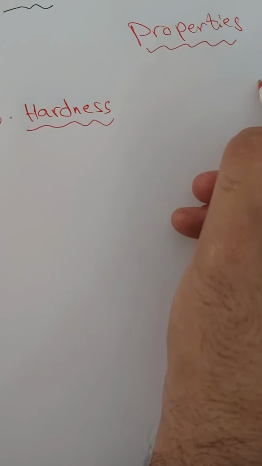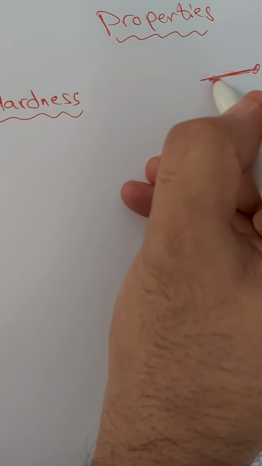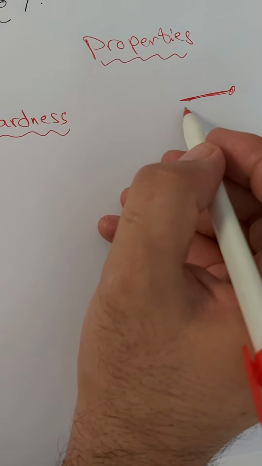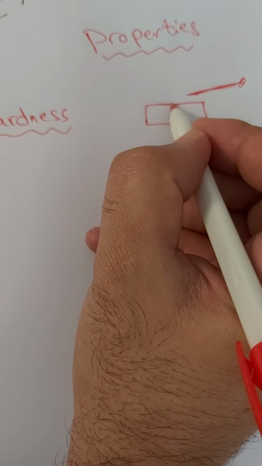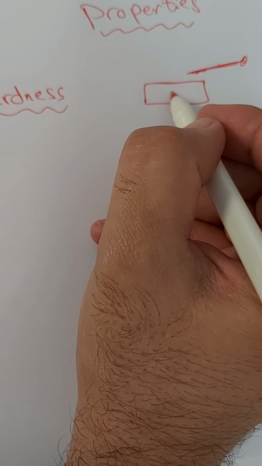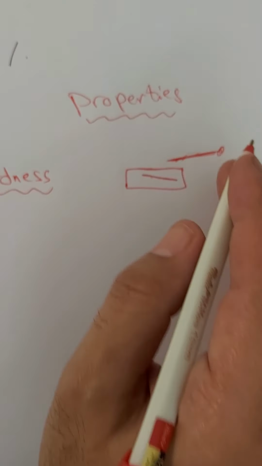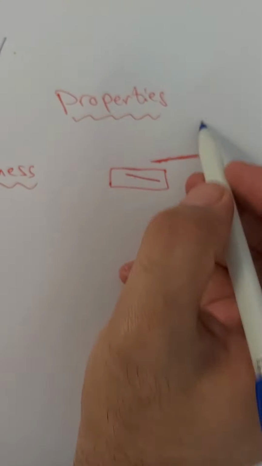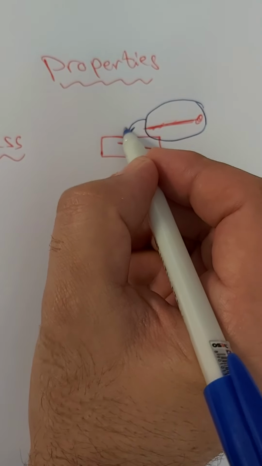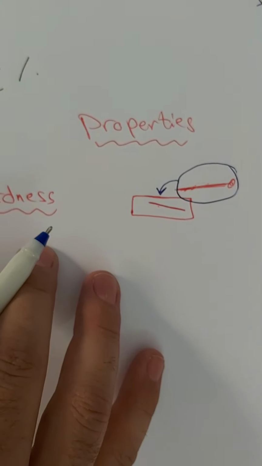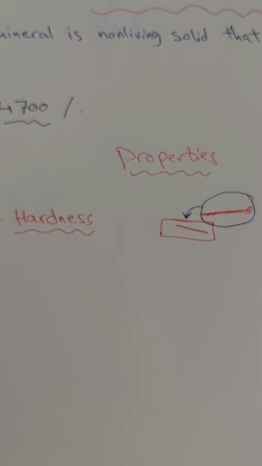If you have, for example, an iron nail and you have, for example, copper, which one will scratch the other? We know this will scratch, will make a line on it. So we call the hardness of this metal greater than the hardness of this metal.